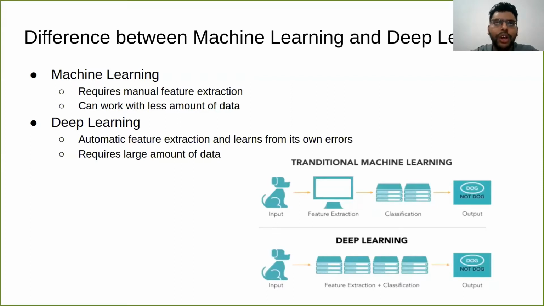We have to somehow extract those features from that image and then provide them to the machine learning model, which will try to find the patterns between those features, and at the end it will be able to classify that based on these features this is a dog, and if you provide a different set of features, it is not a dog. So that's how it works in traditional machine learning approaches.